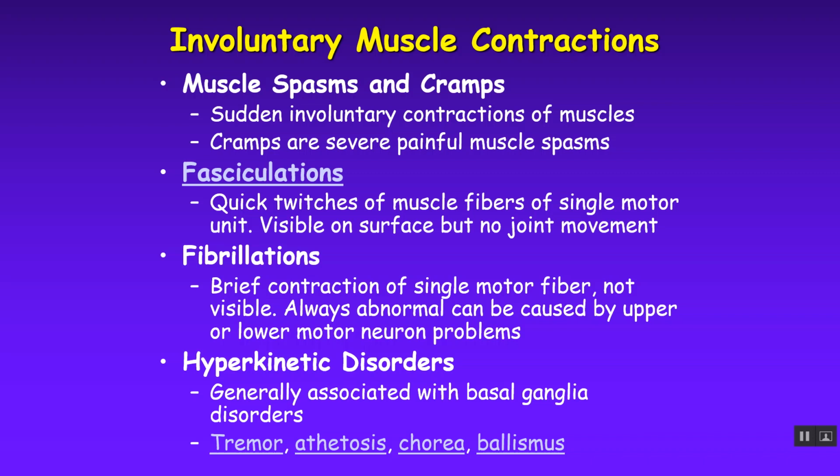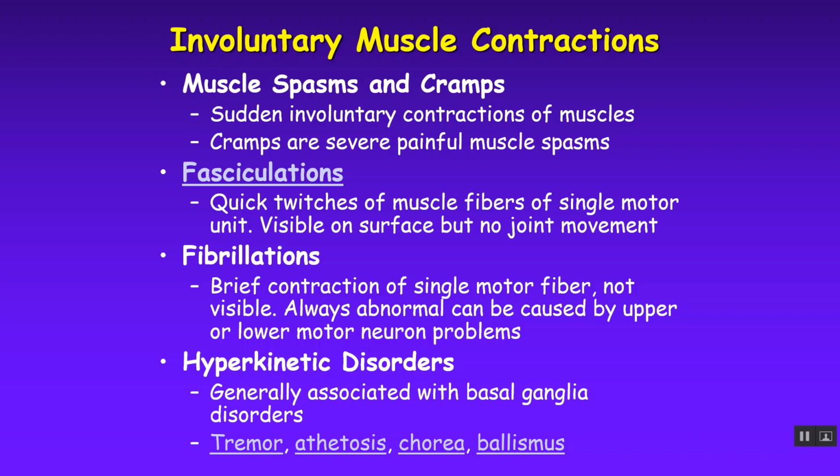You may see a little visibility on the surface, but it's not moving your limb. Your arm isn't jumping around. You just feel it, and somebody might see it quivering under your skin a little bit. Those can be normal, but they can also be abnormal. ALS, amyotrophic lateral sclerosis, can have fasciculations. That's sometimes a sign that the muscle is starting to be de-innervated, and it freaks out a little bit.